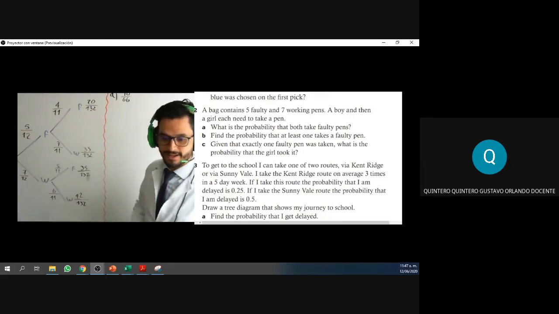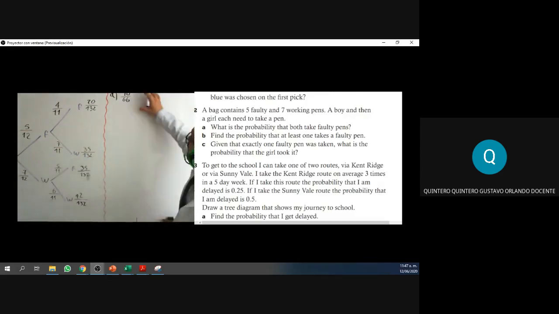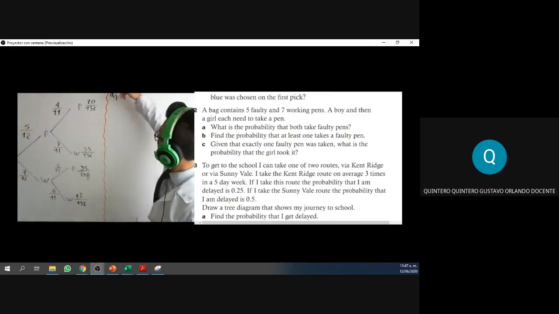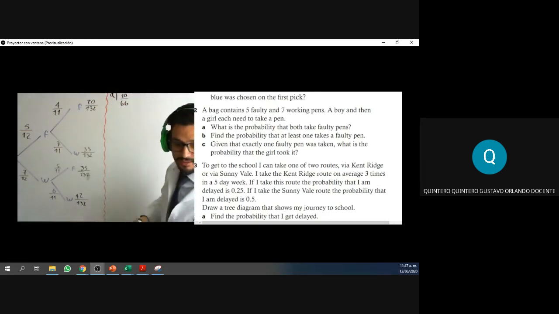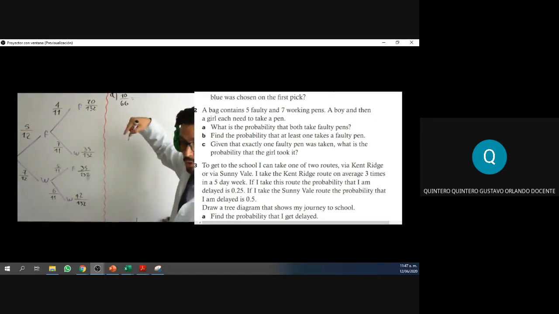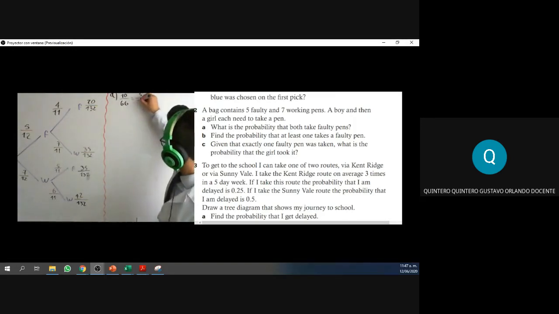Yes, 66, right? But we can simplify even further. Instead of 10 over 66, we can simplify even further. Divide by 2, I'm sorry, right? So 5 over 33.